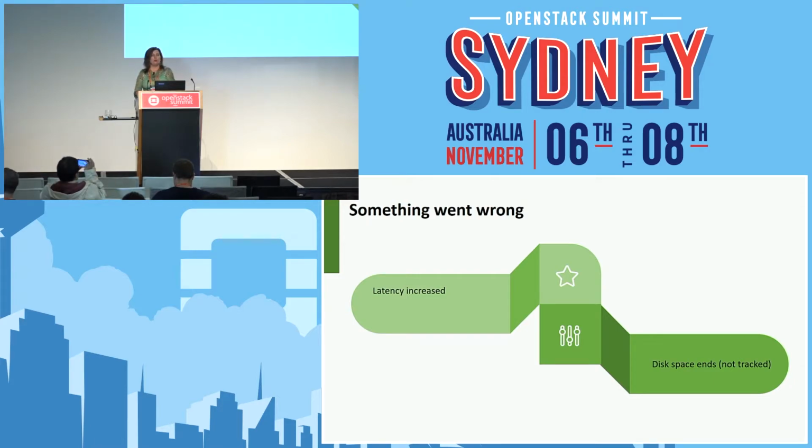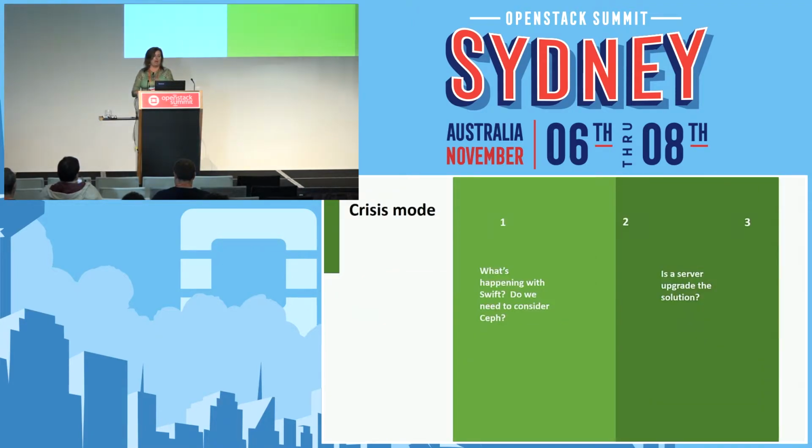Users were really starting to get timed out. Disk space was full, so of course latency increased. And we were at a critical moment. We hadn't been able to define the underlying problem of why we were seeing all of these weird malfunctions. We didn't have monitoring enabled, and we couldn't pinpoint the slowdown.